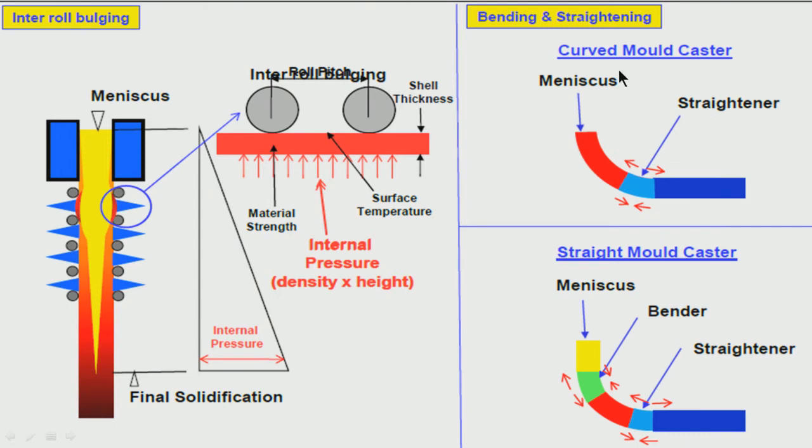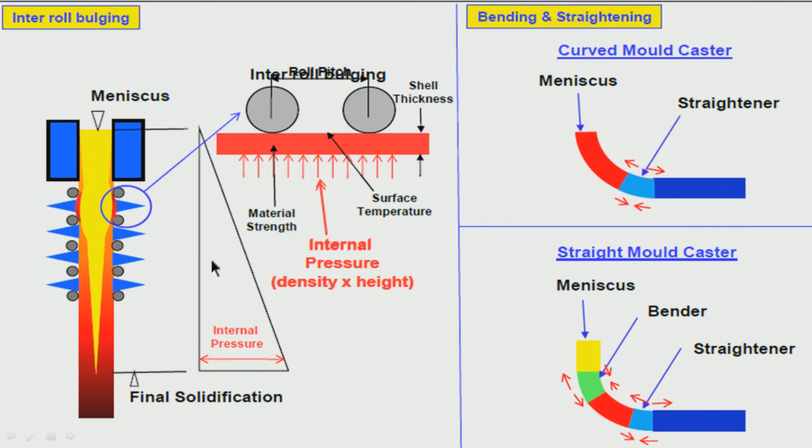Straightening, for curved mold only straightening, no bending is there. So the solid shell at the inner radius is undergoing tensile strain, and the solid shell at the outer radius is undergoing compressive stress or strain. So this is important to remember, the solid shell is undergoing different types of strain.